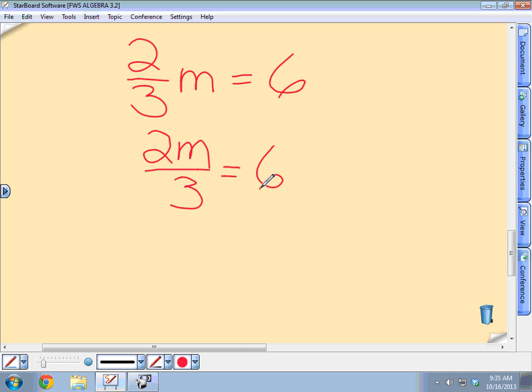Now, what's my operation here that I'm doing? Now that I got it as a fraction, I'm no longer multiplying, what am I doing? What's my operation closest to my variable here? Multiplication.